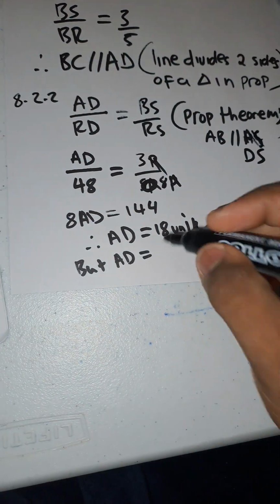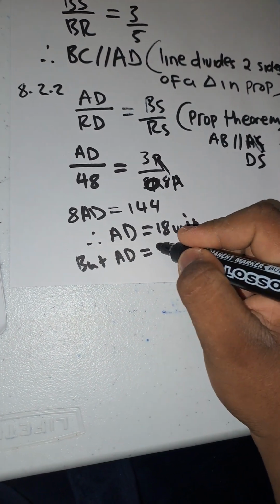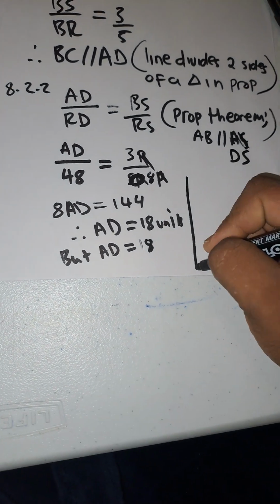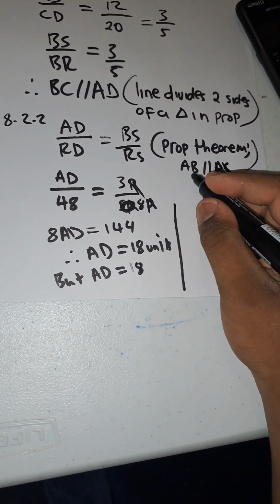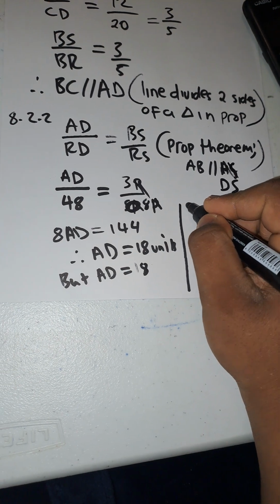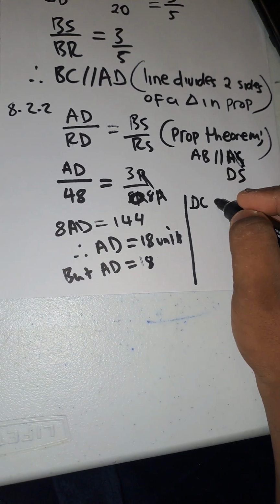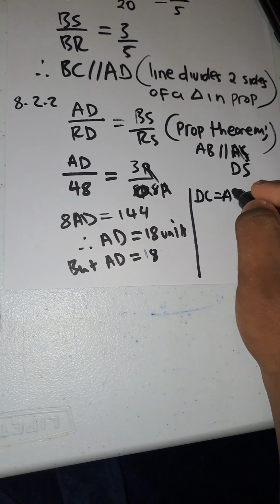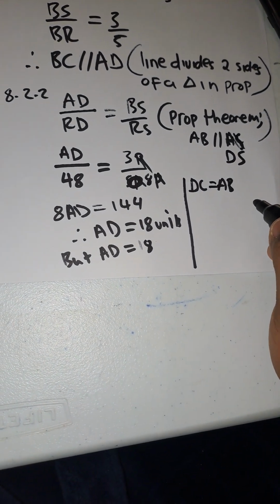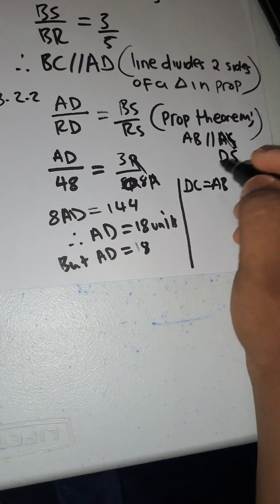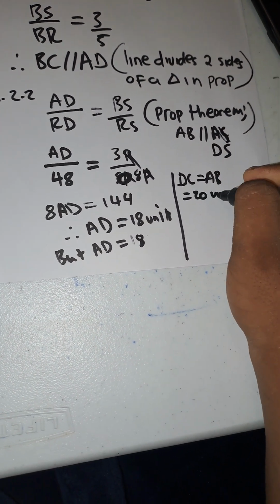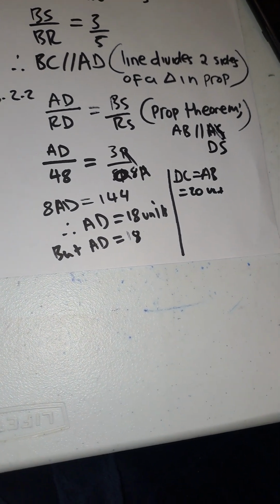So now you'll have to say I need AD, this 18. So let me continue this side. You can now say DC is equal to AB, which is equal to 20 units, because of opposite sides that are parallel.